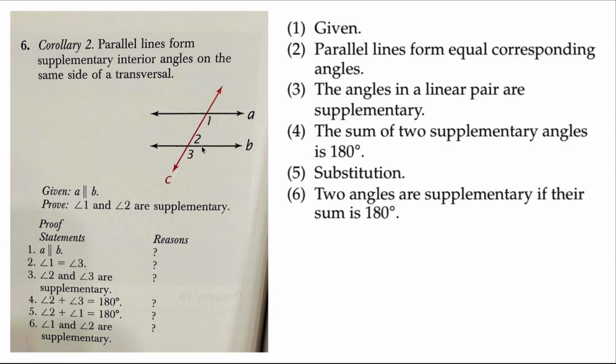This is substitution, because we're substituting from our proof number 2, angle 3 for angle 1. And then 6, 2 angles are supplementary if their sum is 180 degrees. So we have done what they've asked us to do with our proof.